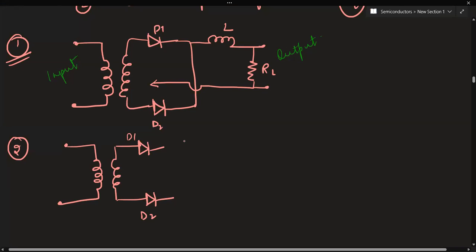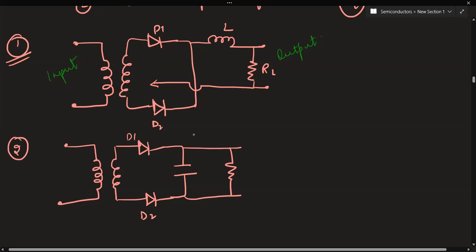This full wave rectifier is connected to a capacitor, which is in parallel with the load resistance. In case of the first one, the series inductor filter, the inductor was in series with the load resistance. That's why we say the name series inductor filter.